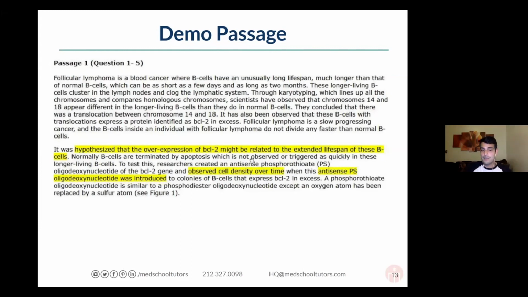Then, to test this, researchers created this antisense PS ODN and observed cell density over time. I highlighted that because cell density is the dependent variable, and the antisense PS ODN is the independent variable they're introducing. So I just highlight the hypothesis and the dependent and independent variables. That's it.